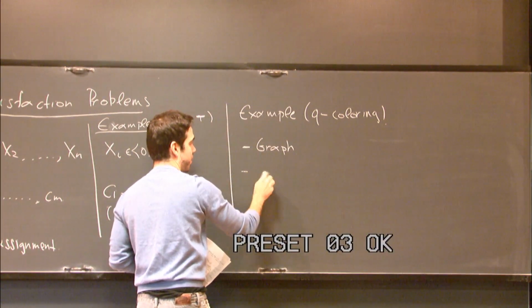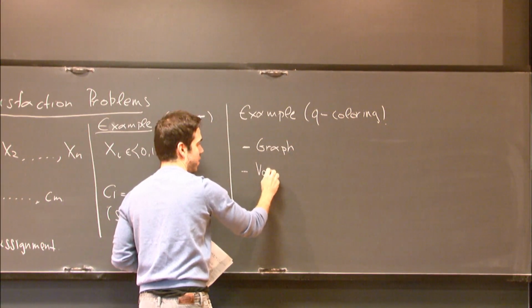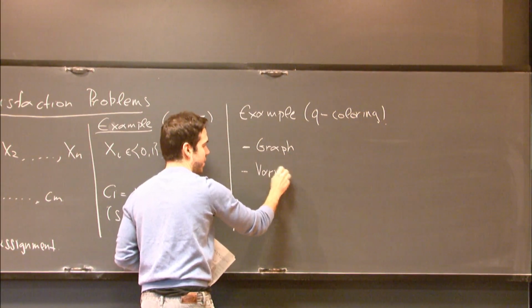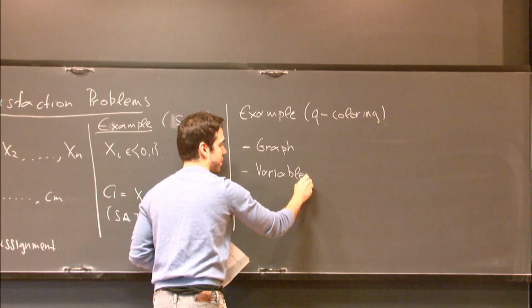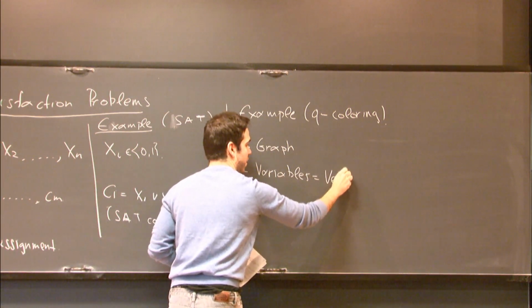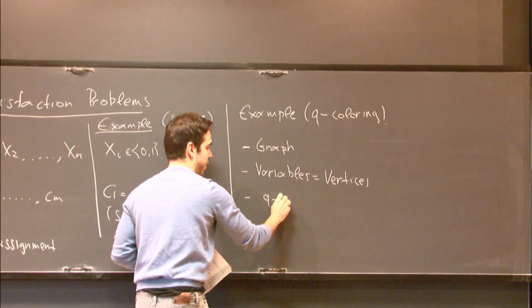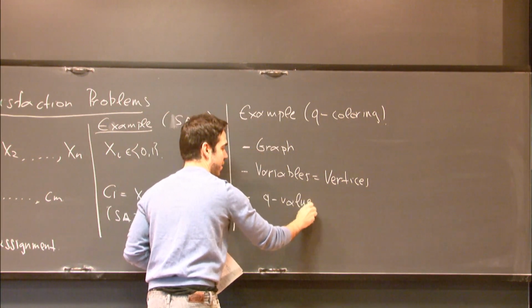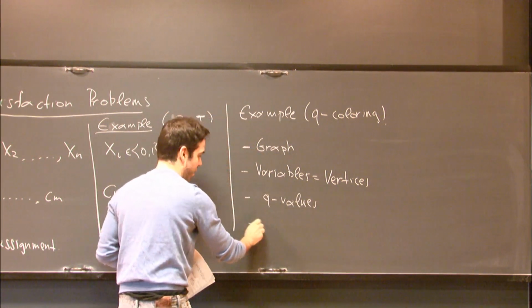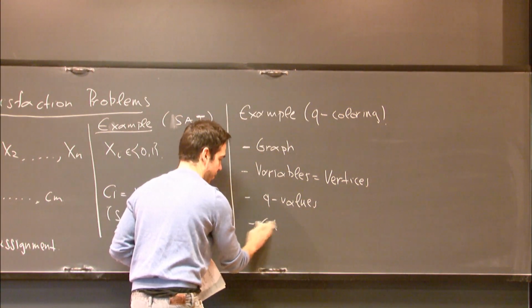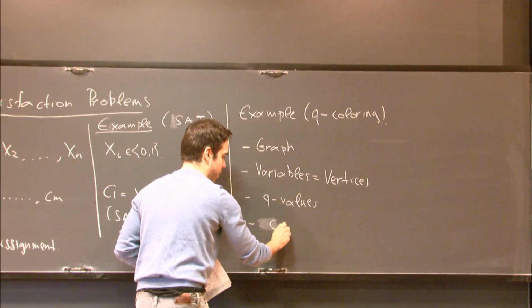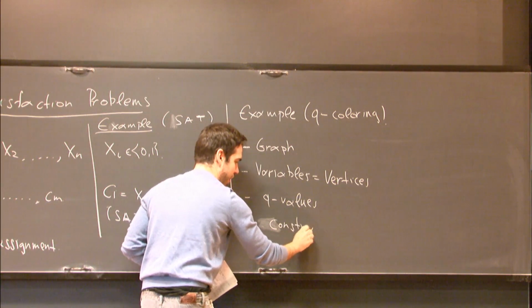We have one variable per vertex. We have Q values for each variable. We call them colors. And we have a constraint per edge.